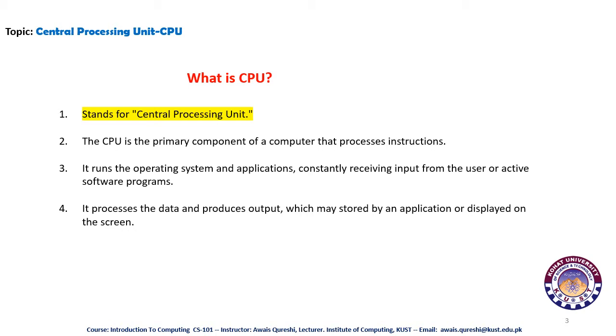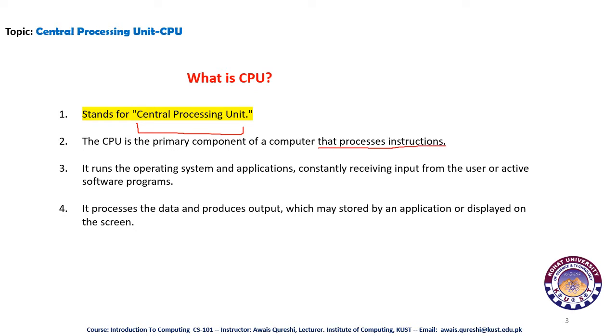So what is a CPU? CPU is the abbreviation of Central Processing Unit. You have heard this term so many times. It is the main component of a computer, and it processes instructions.